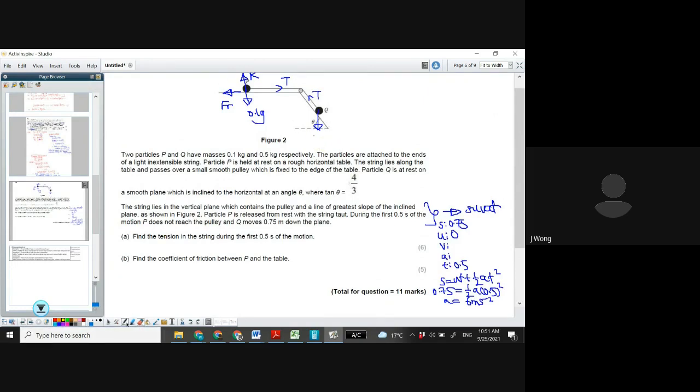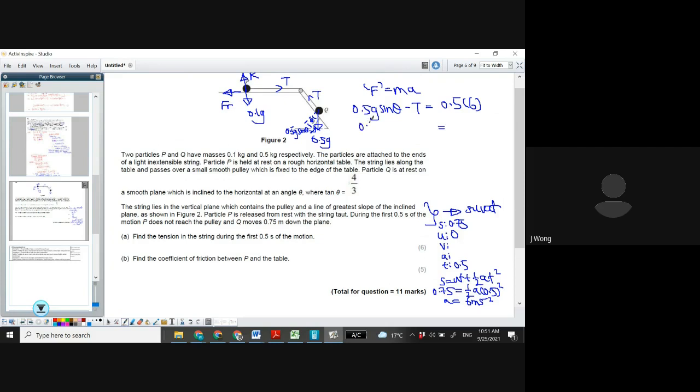So we're going to resolve the weight. The weight that we want is the component that is sliding down the plane, which is going to be 0.5 g sine theta, which is 4 over 5. Therefore F equals ma for Q will be 0.5 g sine theta minus T equals 0.5 multiplied by 6.